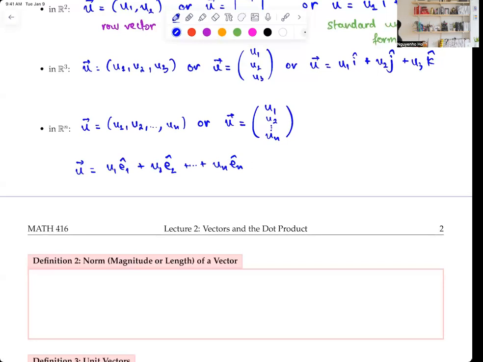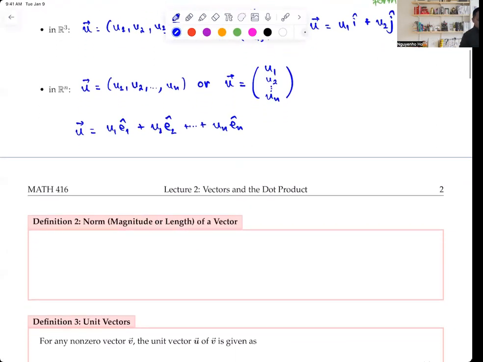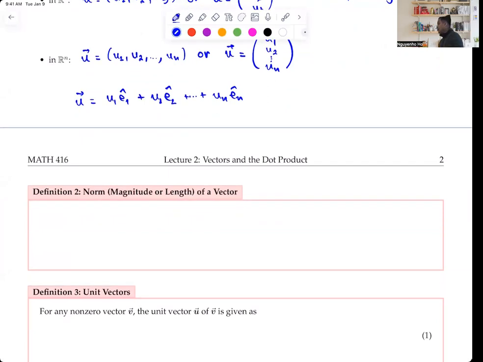So we have been talking about unit vectors and the magnitude of a vector. Now let's go into a little bit more detail of these definitions. All right. So let's talk about the norm, or the magnitude, or the length of a vector.